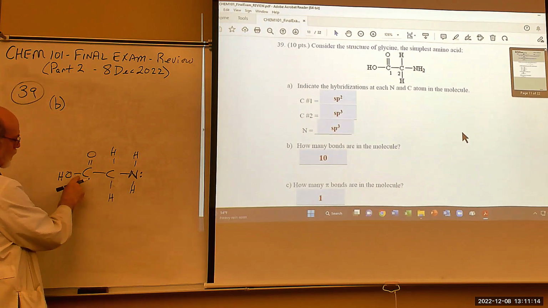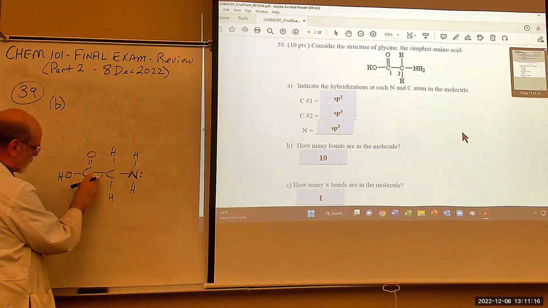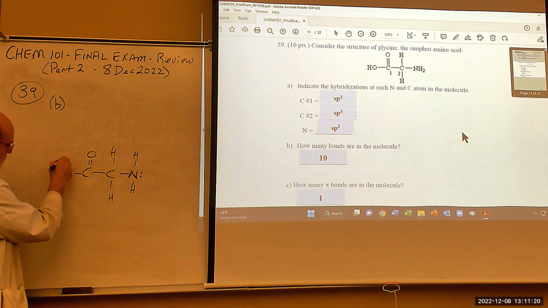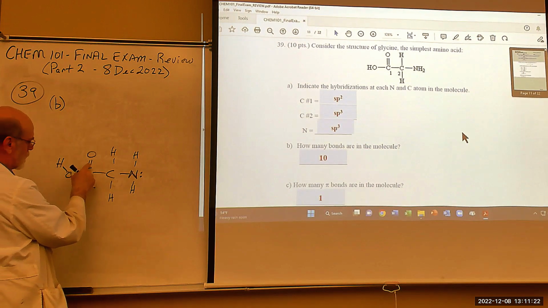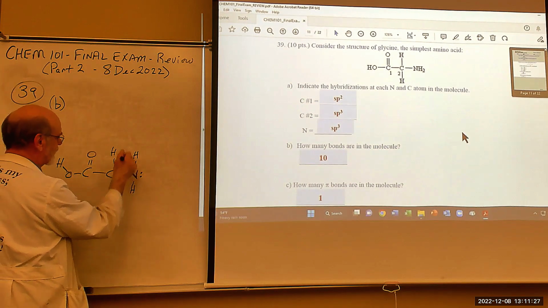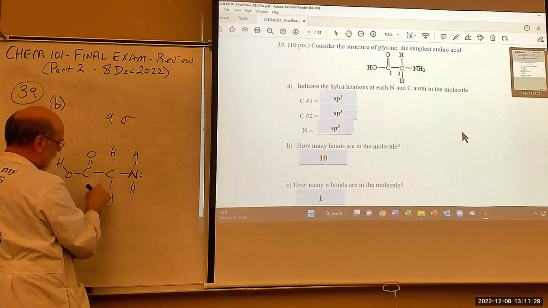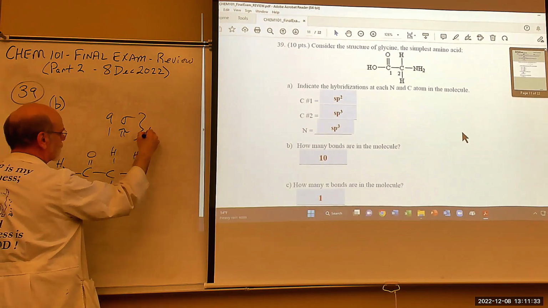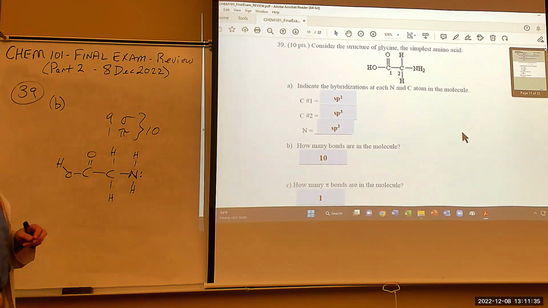It's not a bond. 1, 2, 3, 1. Oops, look at here. There's a hydrogen here. 1, 2, 3, 4, 5, 6, 7, 8, 9. You have 9 sigmas and you have 1 pi. So that's 10 bonds. Okay.